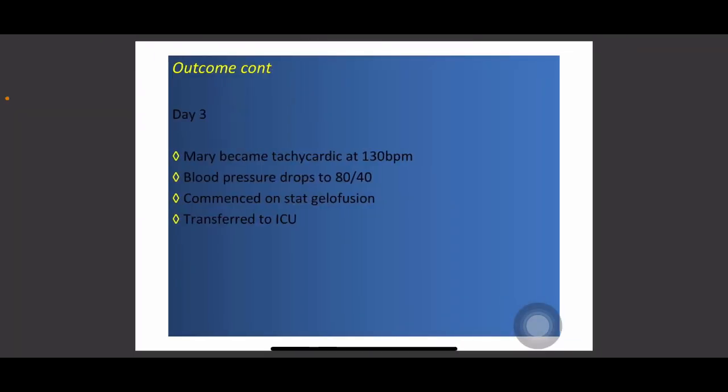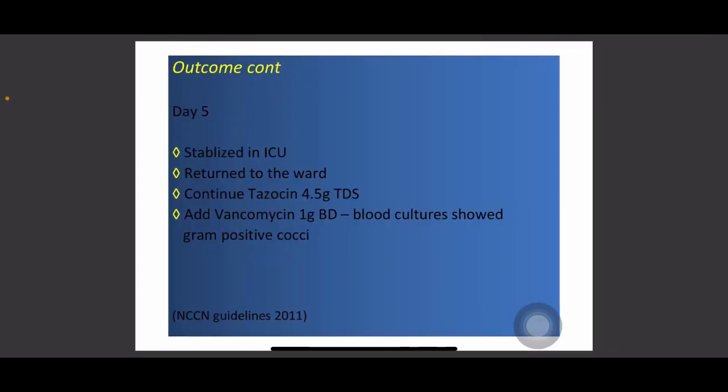OD. On day 3, Mary became tachycardic at 130 beats per minute. Blood pressure dropped to 80/40, and she was commenced on stat Gelofusine and transferred to ICU. On day 5, she was stabilized in ICU and returned to the ward, continued Tazocin 4.5 gram TDS, added vancomycin 1 gram BD, and blood cultures showed gram-positive cocci.